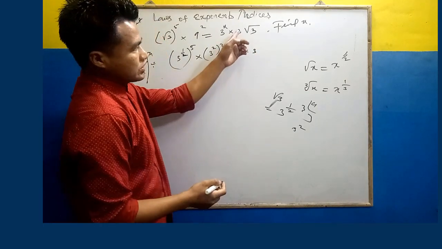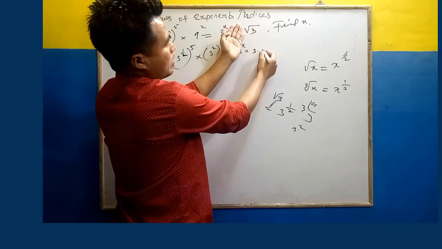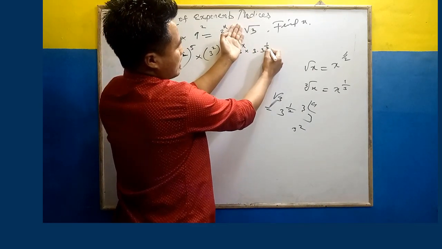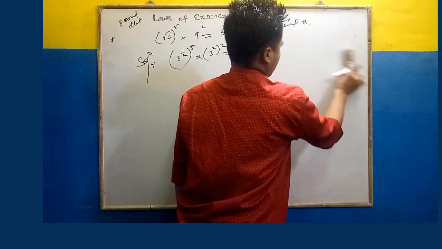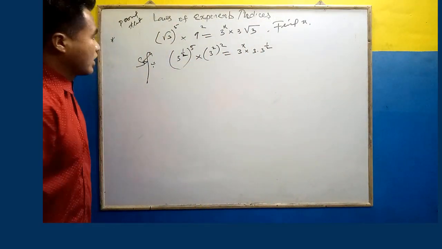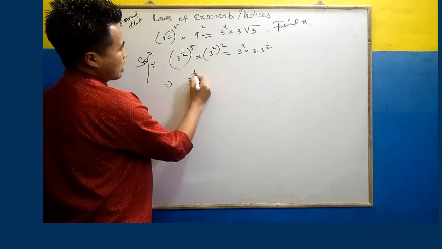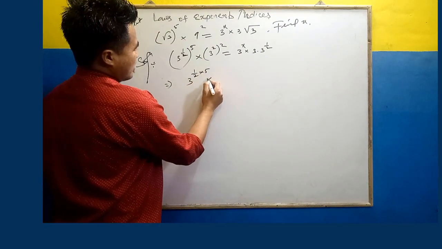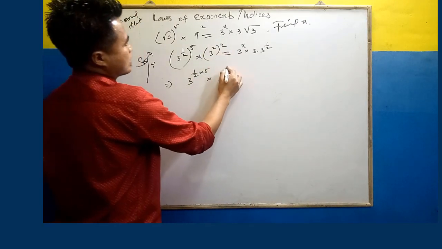Okay, let us consider this is not the power. Okay, this is 3. Here the power is 2. So this is 3 to the power 1 by 2, which is equal to 3 to the power, open the bracket, 1 by 2 into 5, into 3 to the power, open the bracket, 2 2s are 4.